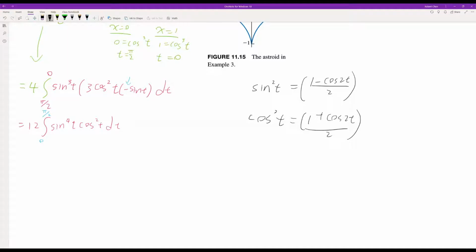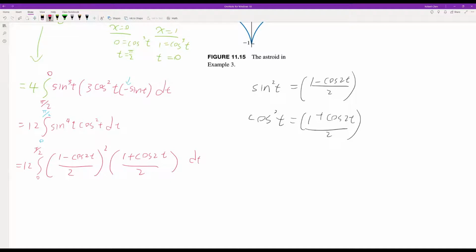All right, so what we have here, we can rewrite this as 12 times sine to the 4th, so it will be sine square squared. So 1 minus cosine 2t over 2 squared times cosine square, which is 1 plus cosine 2t over 2 dt.